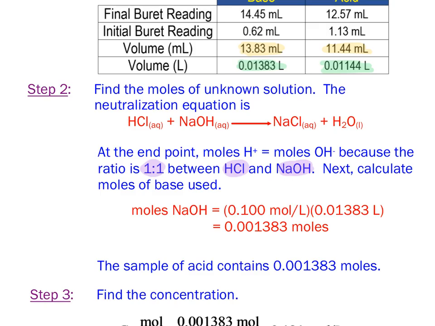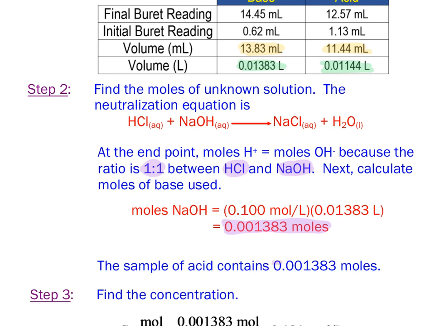So we know that there is 0.001383 moles of sodium hydroxide used, and we find that by multiplying the molarity, or the concentration, by the liters, or the volume of sodium hydroxide used.